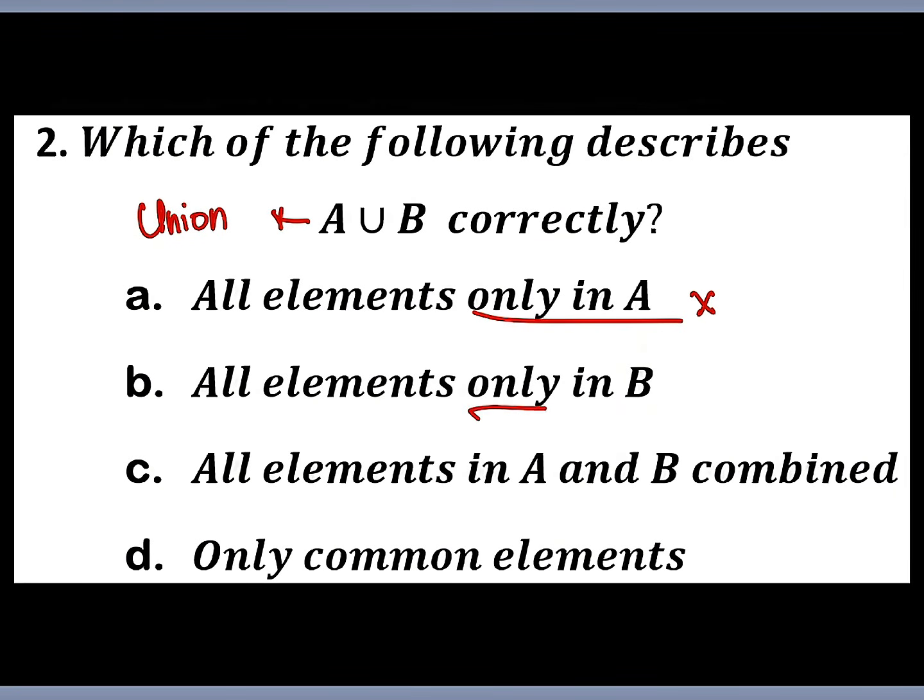B, all elements only in B, also difference of set. For C, all elements in A and B combined. So here we're looking for this one. So this is the answer, letter C. But if we go down to letter D, only common elements. So common elements is applicable only for intersection.